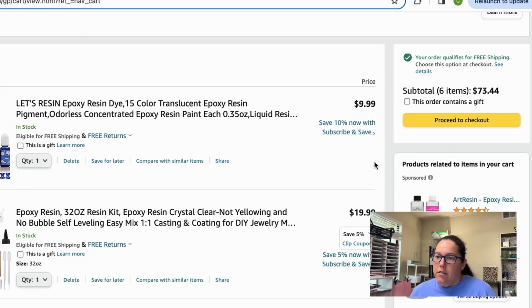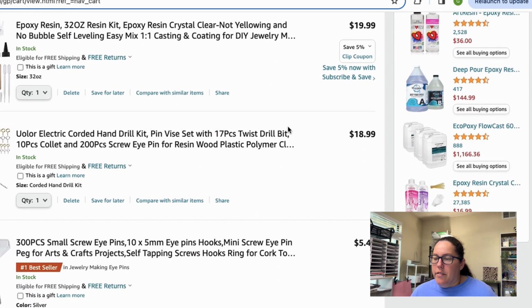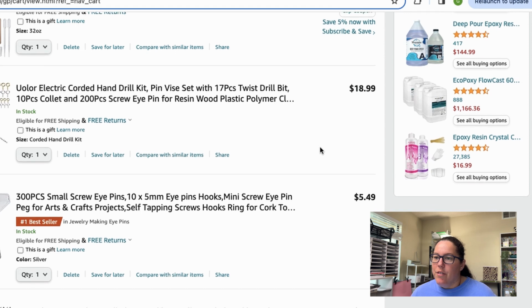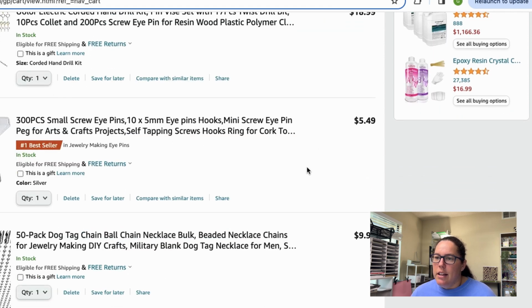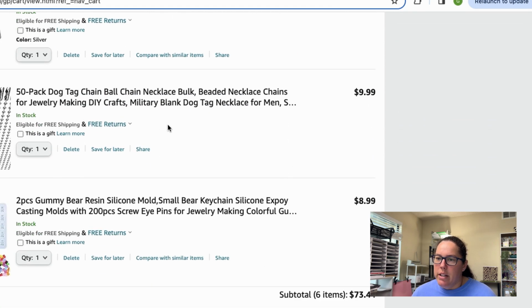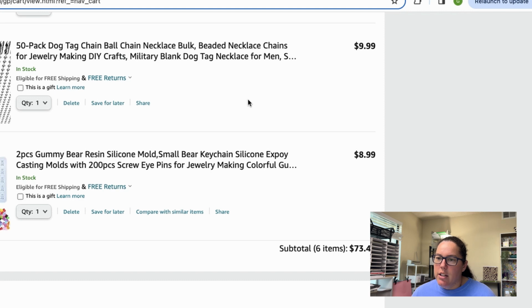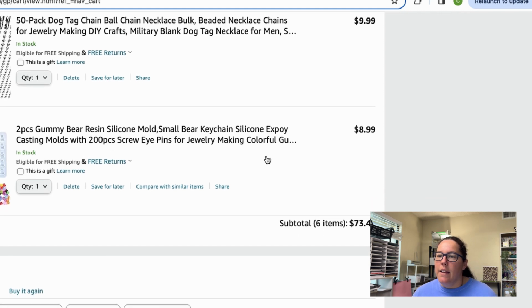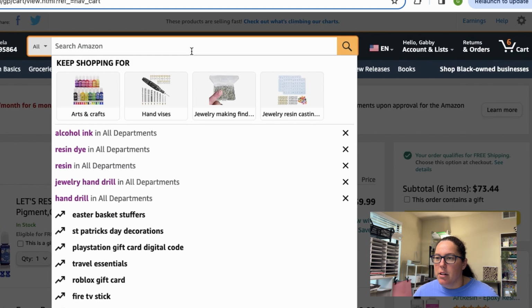I have the dyes picked out, I have the resin picked out, I need a drill, and then the screw eye pins, more chain, or the chain that I want to add, and then the resin molds. Let's go back to the gummy bear resin molds.